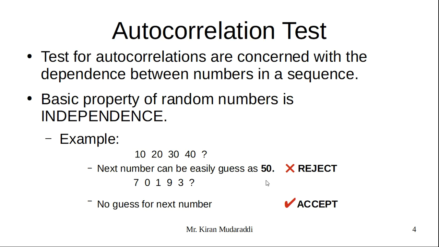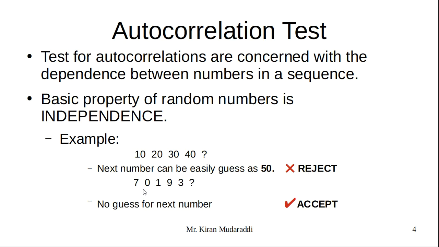The difference between two numbers in a sequence like an arithmetic progression, geometric progression, or harmonic progression is a constant. So we can easily guess: the difference between 20 and 10 is 10, 30 and 20 is 10, so we can easily guess the next number. So these are dependent. This is not the property of a random number. The random number property is that one value does not depend on another value. So it is not going to be accepted. It is going to be rejected.